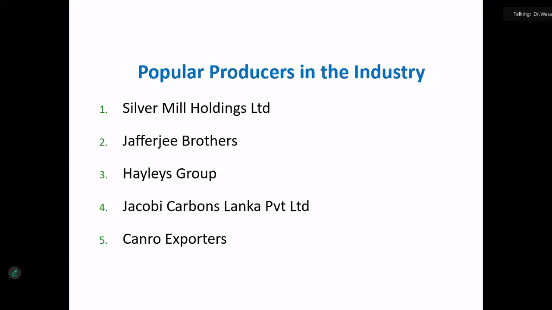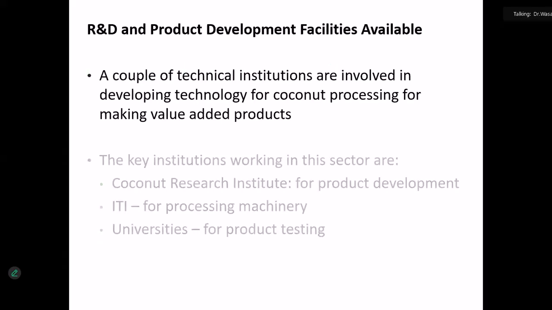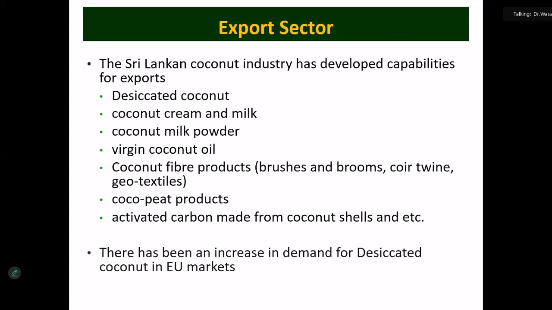Then these are the popular producers in the industry. In the export sector, if I ask you to list our main coconut export products: desiccated coconut, coconut cream and milk, milk powder, virgin coconut oil.